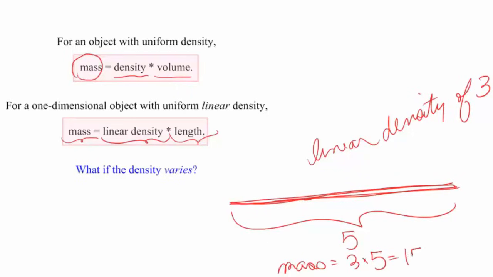Now, where the calculus comes in is what if the density varies? What if the density right here at this point on the rod is not the same as the density over here at this point? How can we find the total mass if the density is changing?